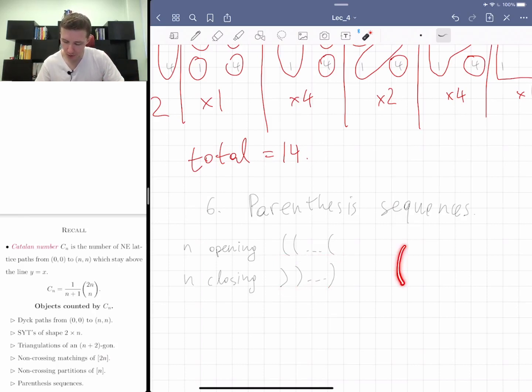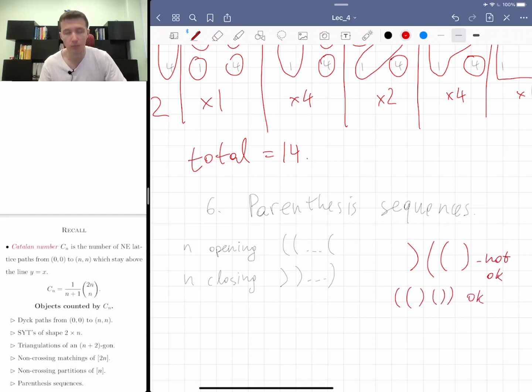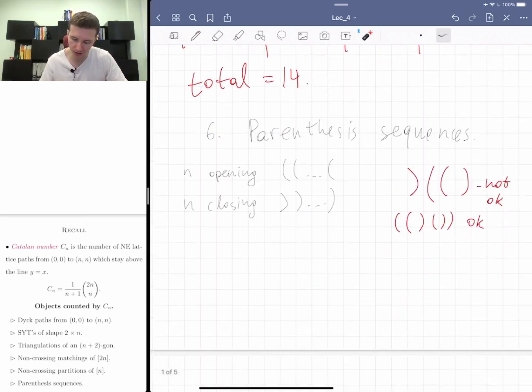Valid means that every opening parenthesis has to match some closing parenthesis. So this would not be okay, a sequence like this is not okay, but a sequence like this is okay, because every open parenthesis matches a closing one. The valid ones are those that you can see in an algebraic formula.